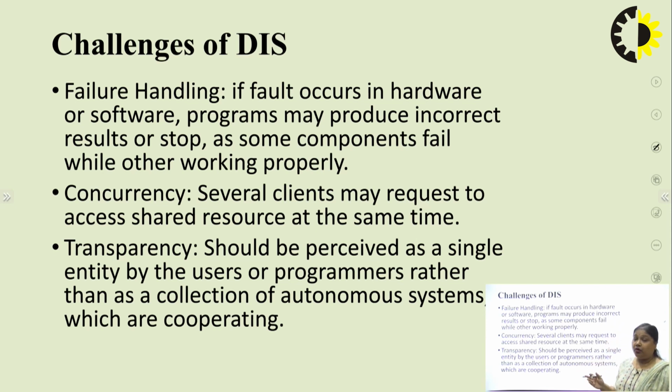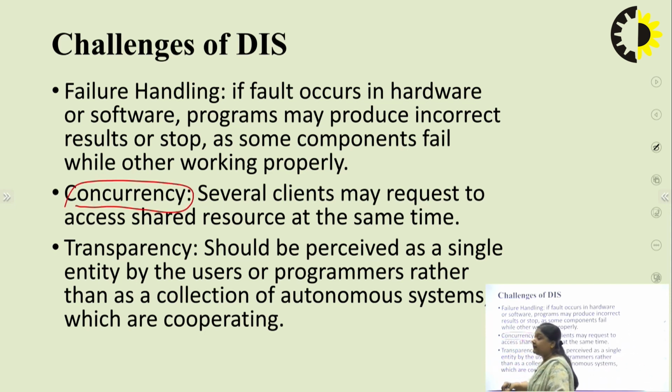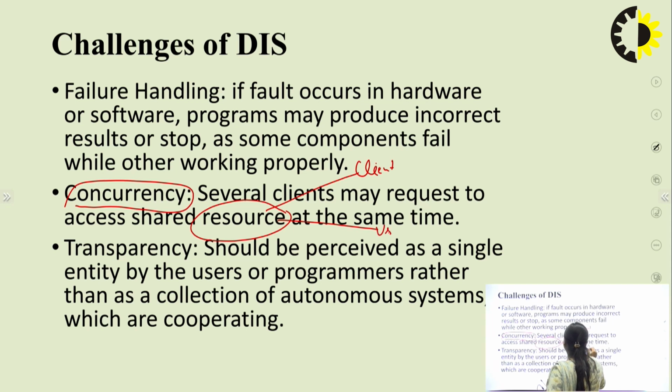Now, fifth is concurrency. Several clients may request to access a shared resource at the same time. It is very important to maintain concurrency. Means there is some resource that is accessed by that user, that user, that user.